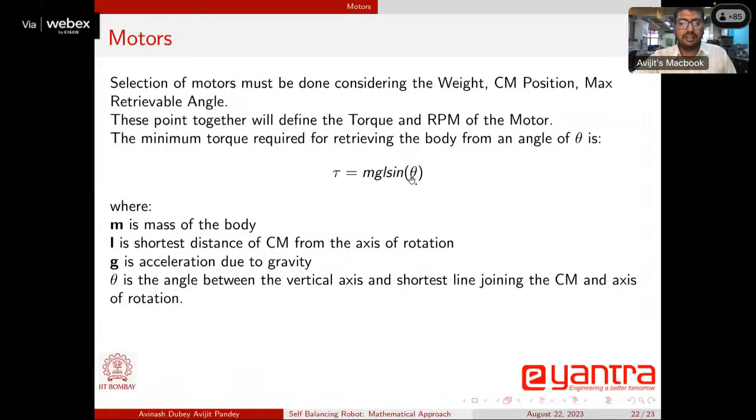That means it will depend on the mass of the body, the acceleration due to gravity, and L, the distance between the center of the wheel to the center of the mass, and the sine component of the body angle. That means the greater the angle, the greater the torque requirement will be. The greater the torque available at the motor, the greater the recovery angle you can achieve.